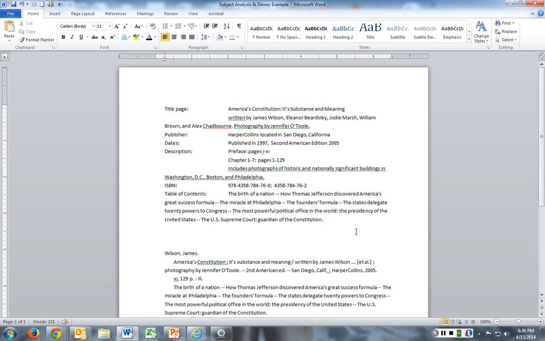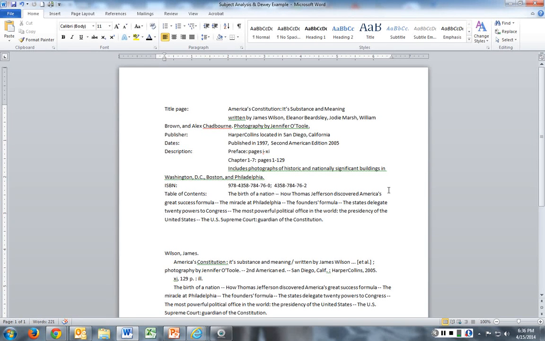So let's take a look at this. It's called The Birth of a Nation: How Thomas Jefferson Discovered America's Great Success Formula, The Miracle at Philadelphia. So the birth of a nation, obviously it's talking about the beginnings of the United States, and the Constitution is part of those beginnings.